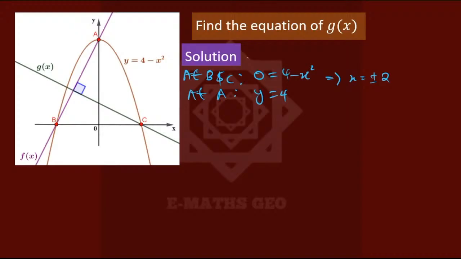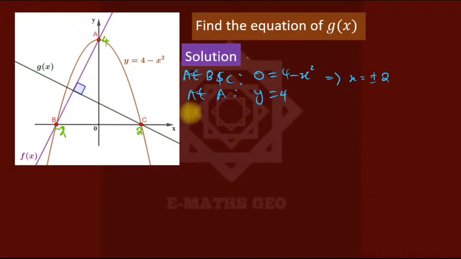So A is (0, 4), B is (-2, 0), and C is (2, 0). Points A and B will help us get the slope of this one, because if we know the slope of the second line, f of x, we know the slope of g of x, because they are perpendicular and we use the relationship.